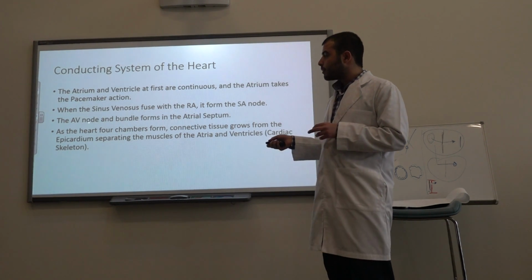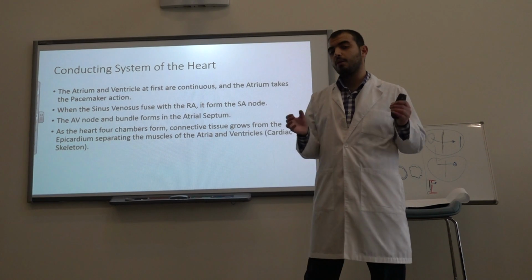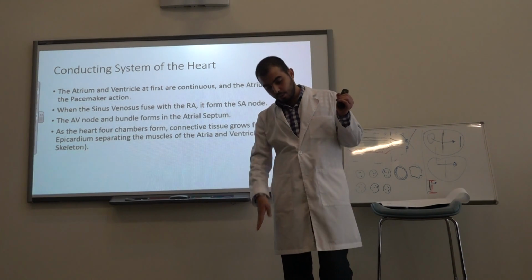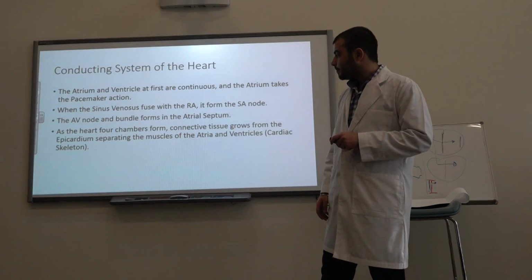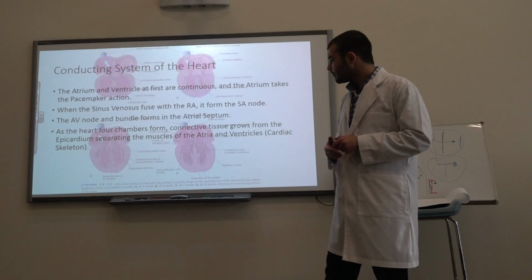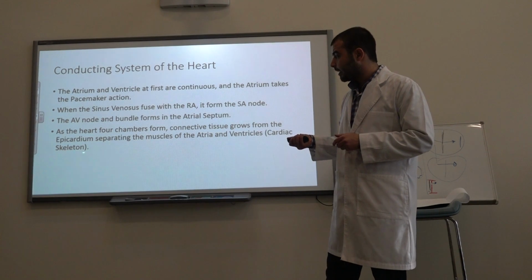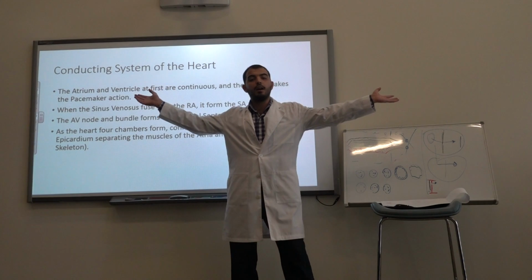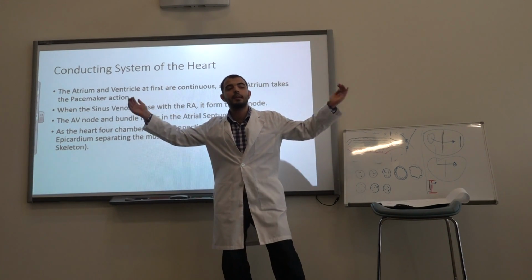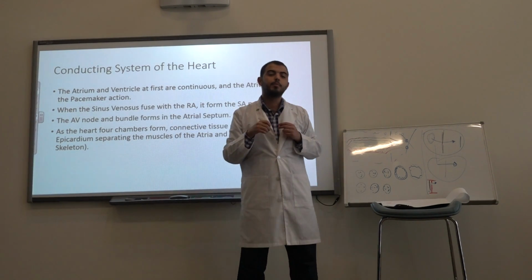Now what about the AV node and its bundle? They just grow in the atrial septum and they go down into the ventricle. A very important concept in here is that cells, or the connective tissue outside the heart, will now start going into the heart. Why is that very important?